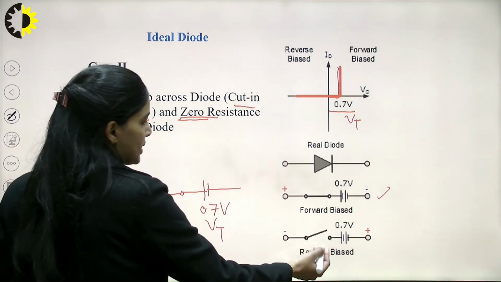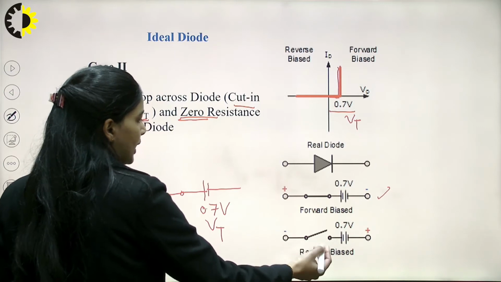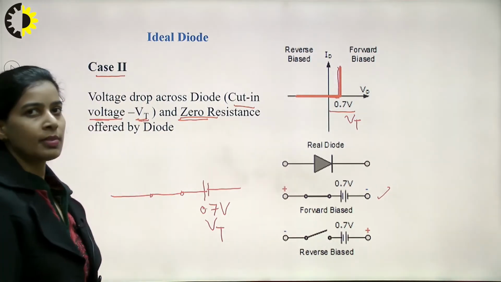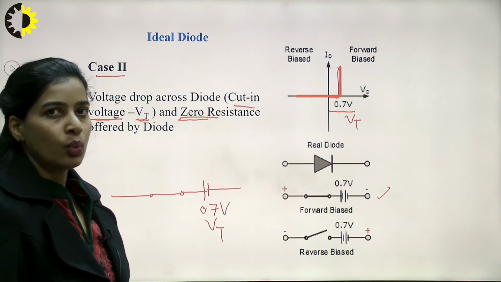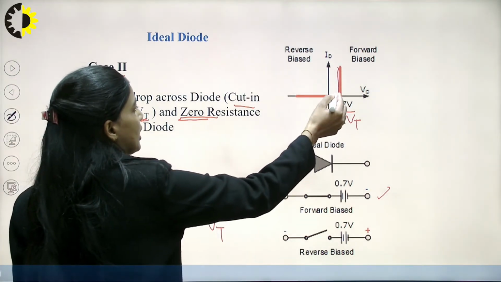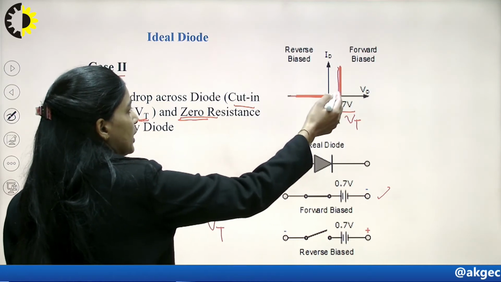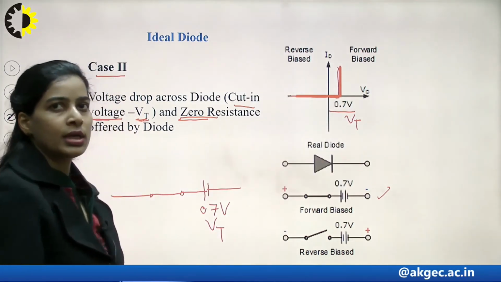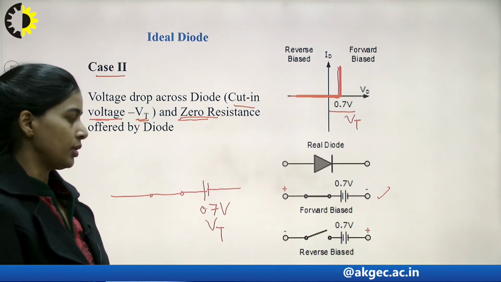Similarly, in reverse biasing, the current will be 0 because the diode will act as an open switch. So the reverse bias current will be 0 with the negative voltage across the diode.